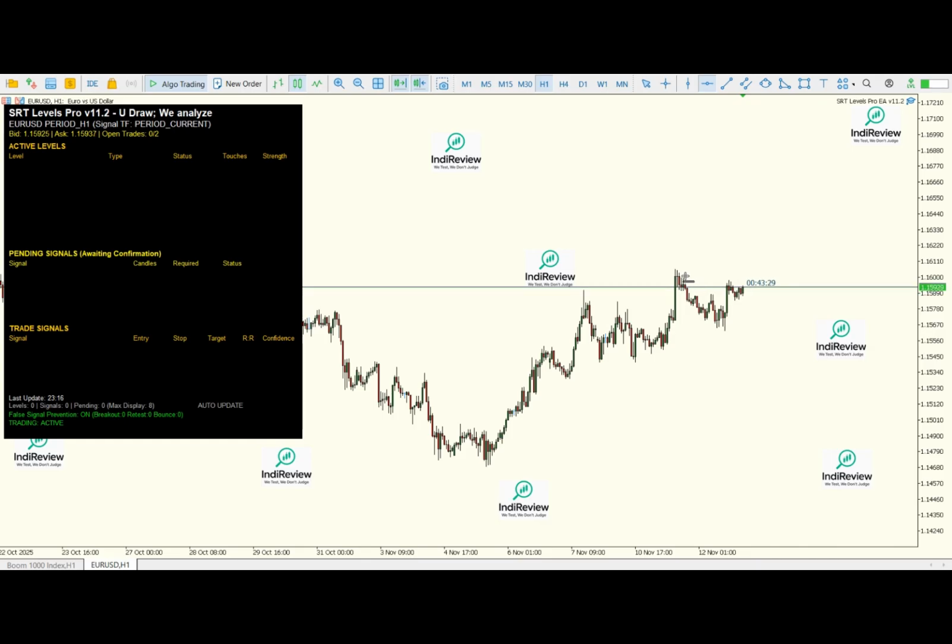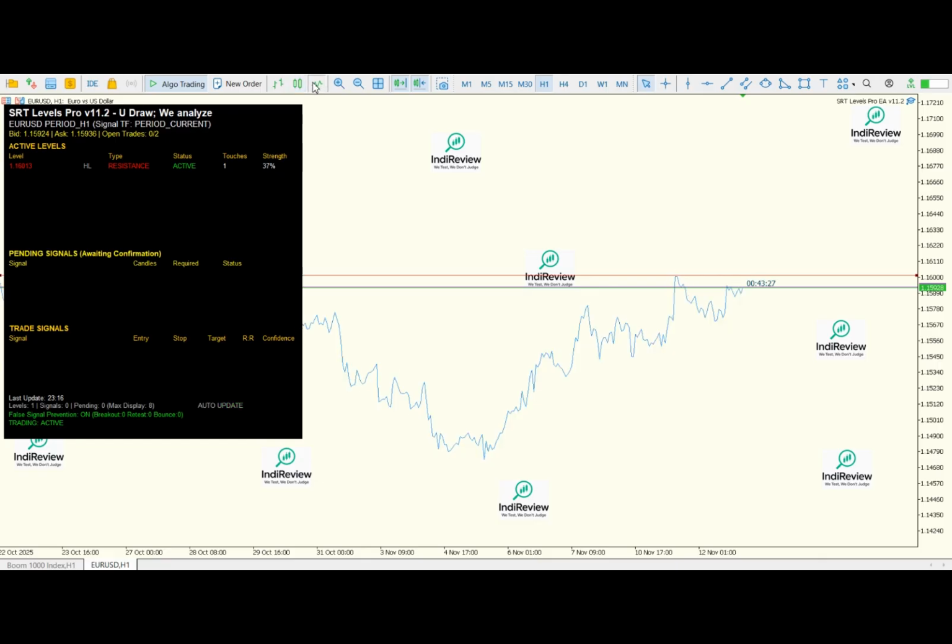So if I put a line here, let me use this tool so I can draw my support and resistance. You realize that it automatically labels it as resistance, H1 horizontal line. If I drag this below the market, it changes to support, and it relabels it to support, right?